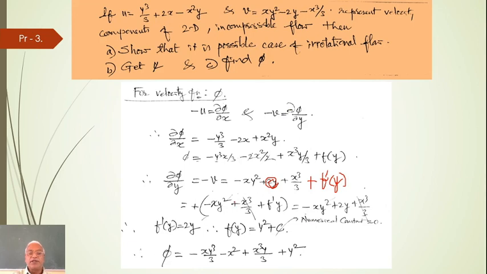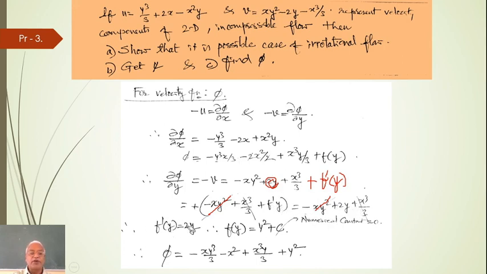So all these terms with negative sign are put here. You can just see here, this cancels off with this. This cancels off with this. I'm sorry, this doesn't cancel off. Yeah, x cube by 3 cancels off. I'll be left with f dash of y equal to 2y.